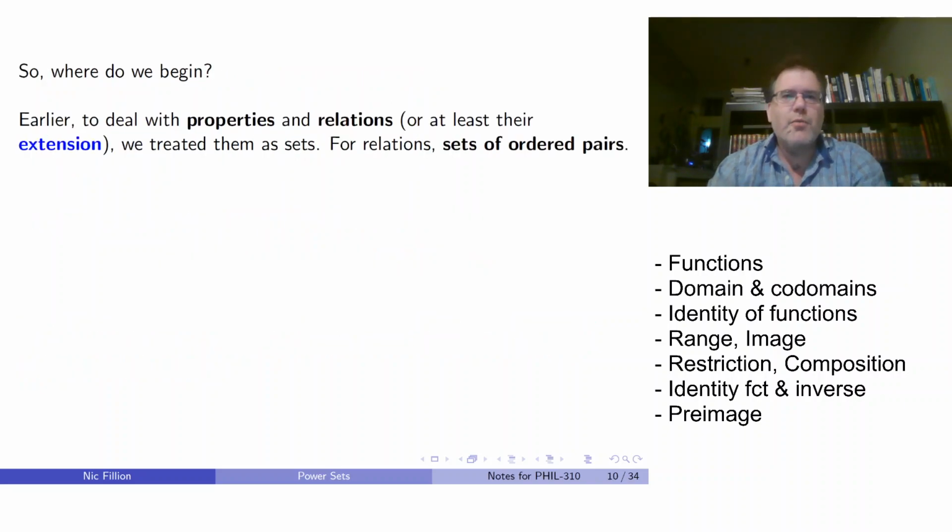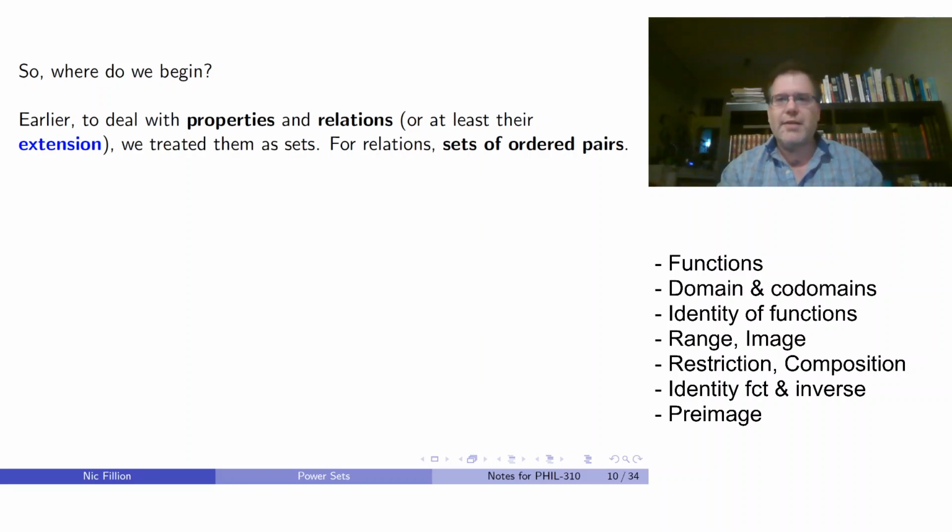Where do we begin? Well, last time, we decided to deal with properties and relations, at least the extension of properties and relations, and we decided to treat them extensionally, so to treat them as sets. So for properties, we decided that they would be subsets of the domain of discourse. And for relations, there would be sets of ordered pairs of elements of the domain of discourse.